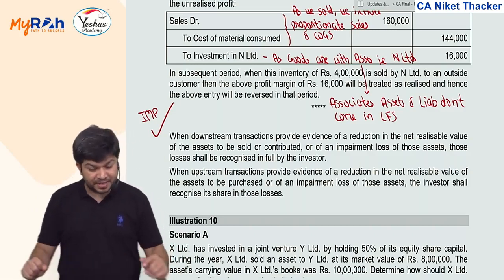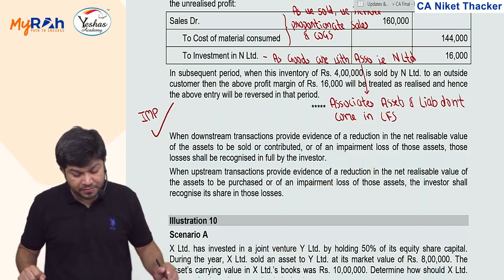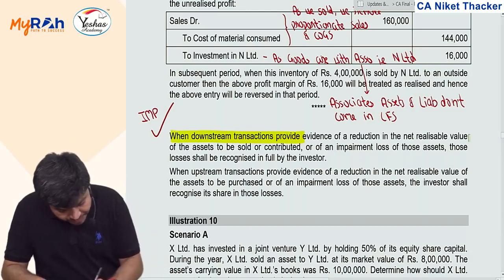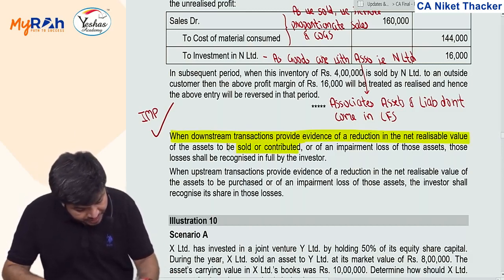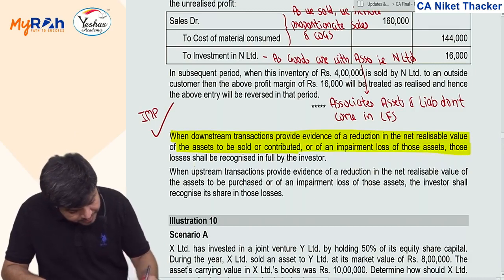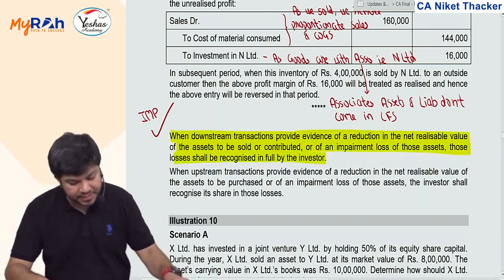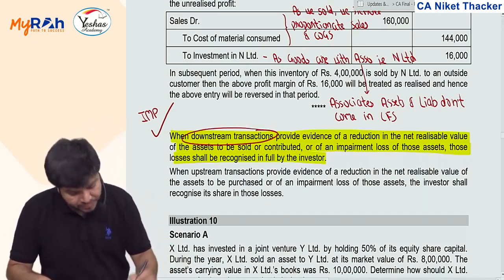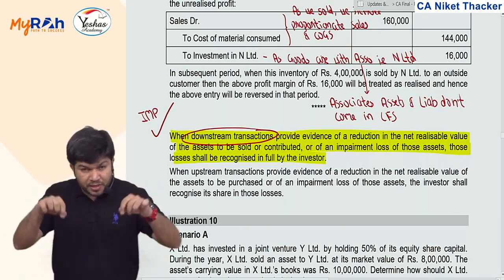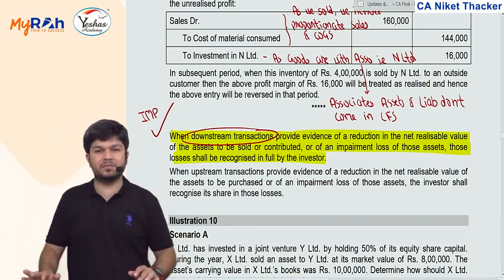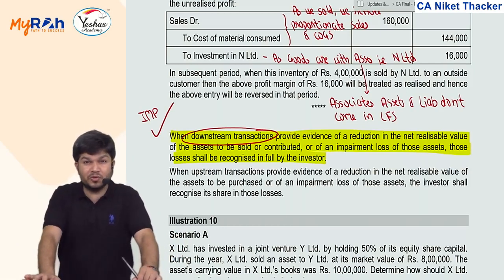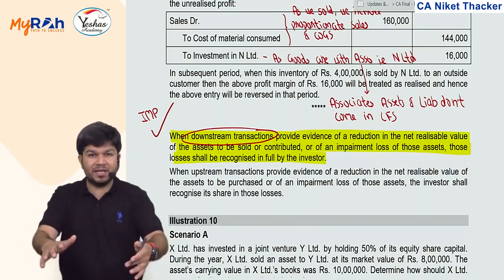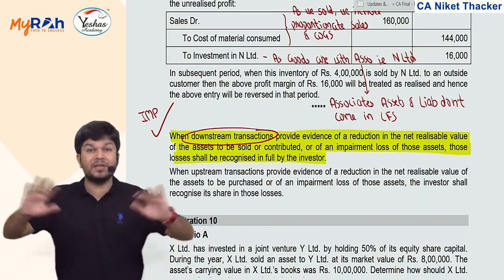When a downstream transaction provides evidence of reduction in NRV of the asset sold, then that loss should be recognized in full by the investor. Downstream transaction: you sold to the associate at a loss. Don't say, sir, the goods are lying there so my share of loss is unrealized loss.